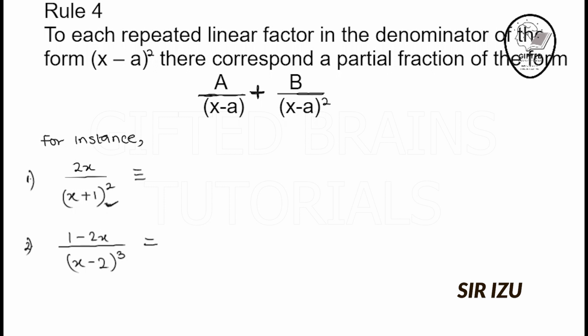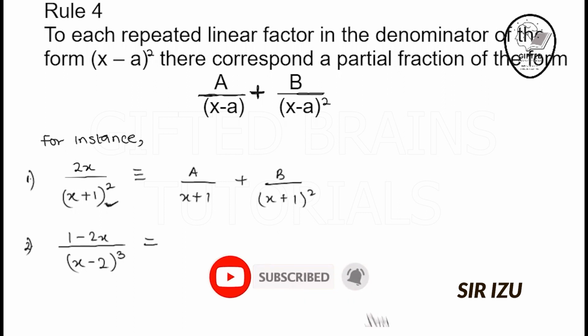If I must separate this into its partial fraction, it will take the form A over x plus 1 without the square first, and then plus B all over x plus 1 all squared. That's what this rule number 4 is trying to say.